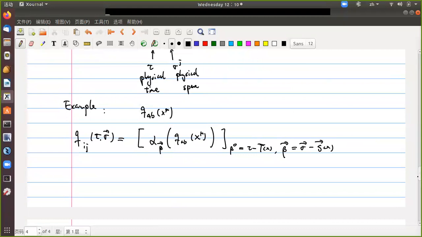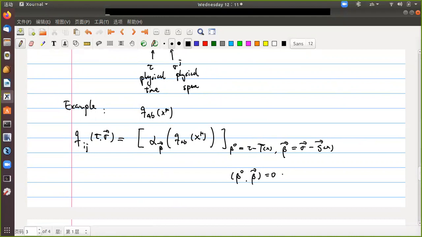So we can simplify this formula by asking beta^0 and vector beta to be 0.